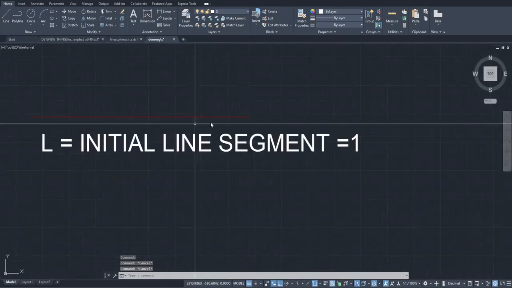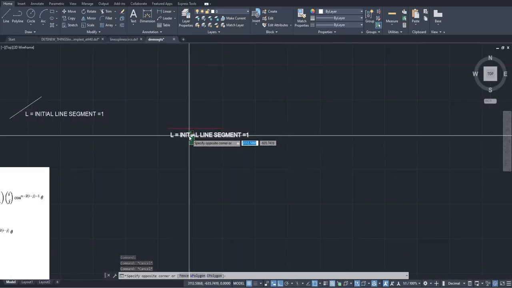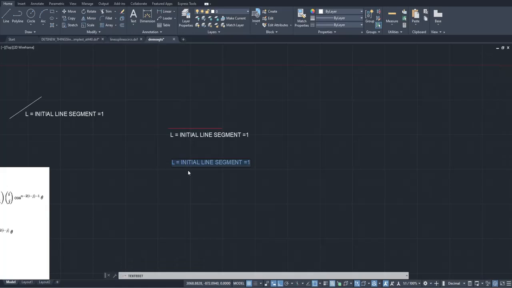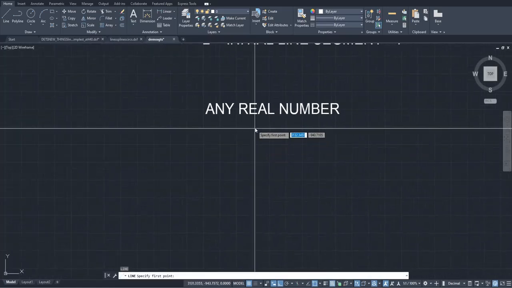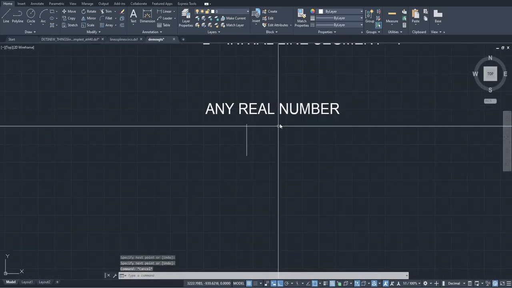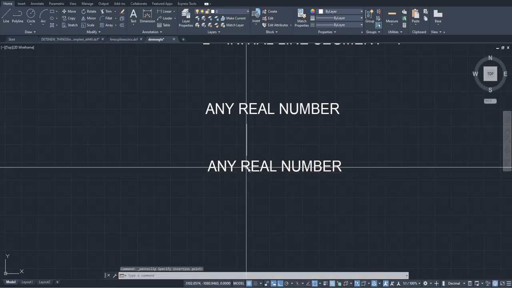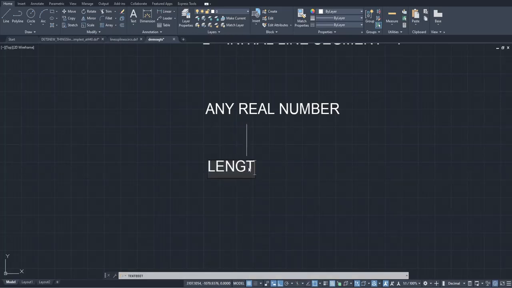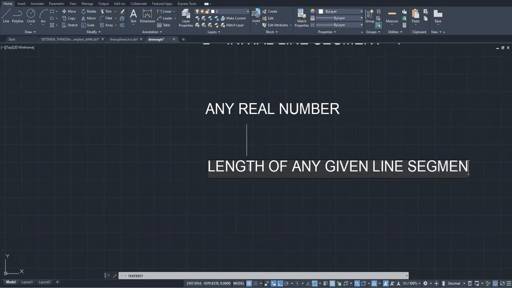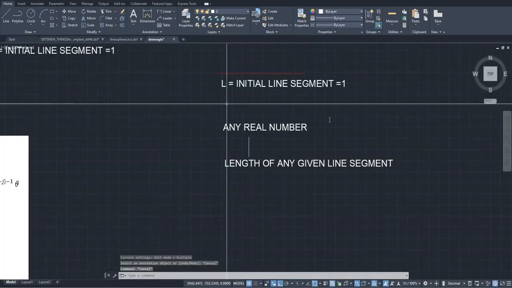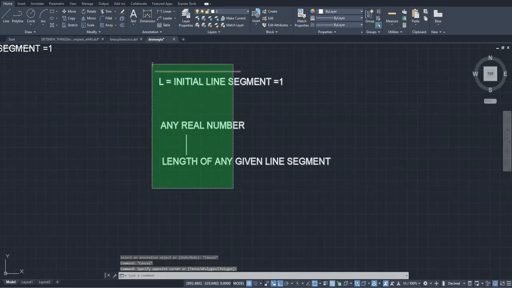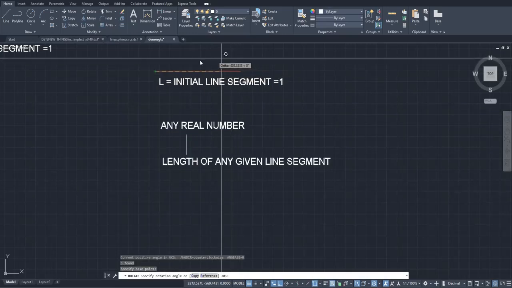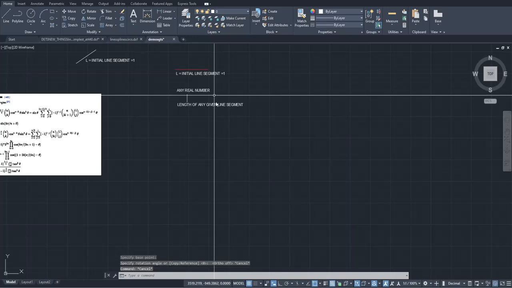Whenever we see any real number, consider it as the length of a line segment. Say it is the length of any given line segment in the affine space where the coordinate is immaterial, and we can rotate it, we can scale it, but the concept remains the same, so it is the affine space.